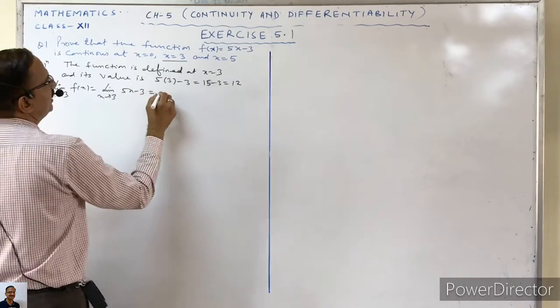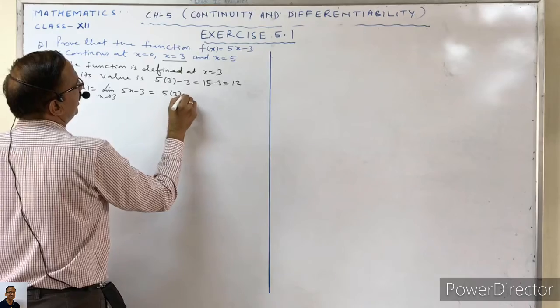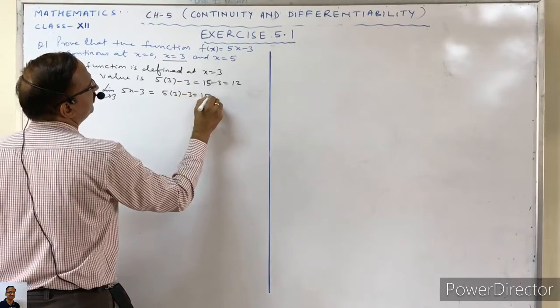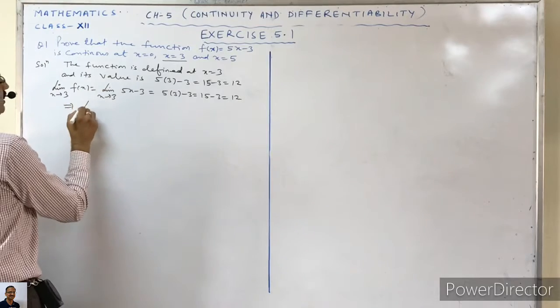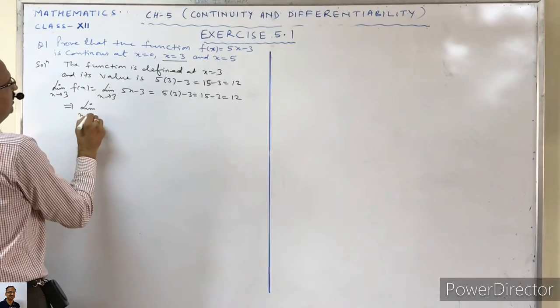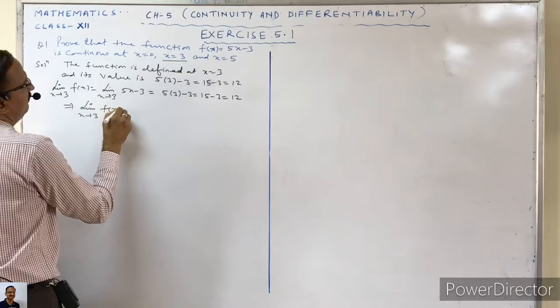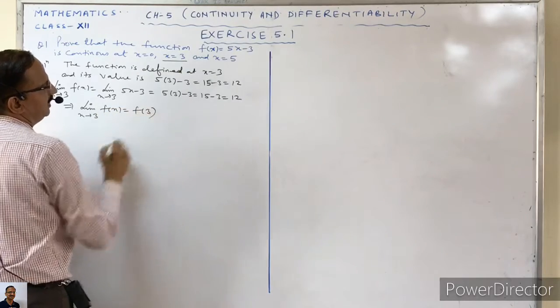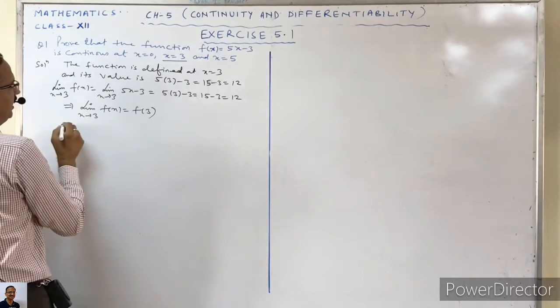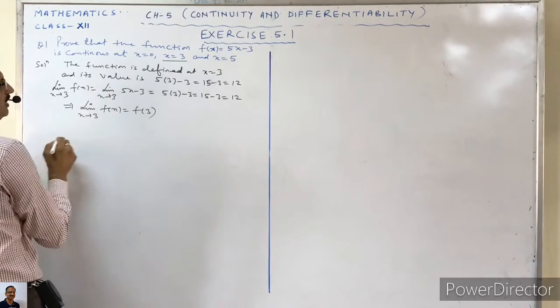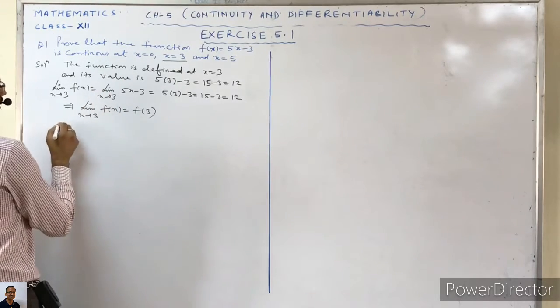So this is 5 multiplied by 3 minus 3, again 15 minus 3, that is 12. So limit x tends to 3 f(x) equals f(3). So by definition of continuity, this function is continuous at x equal to 3.